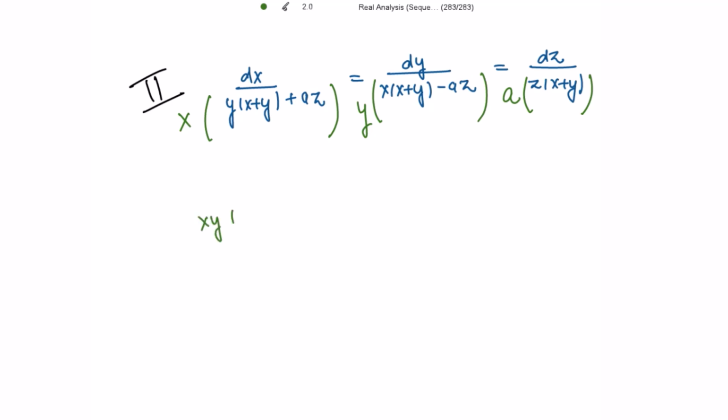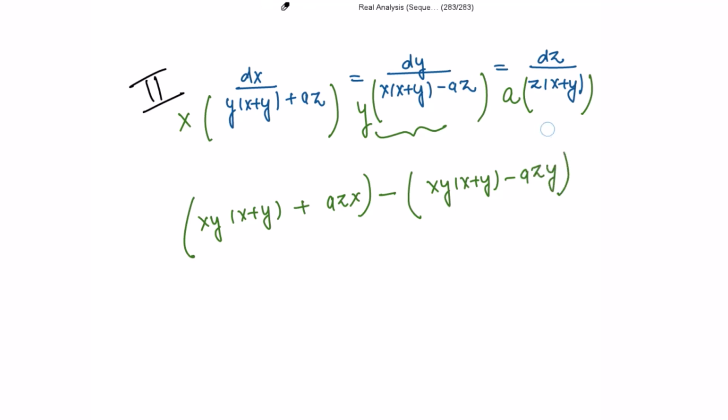We get xy into x plus y plus azx, then subtracting this one, xy into x plus y minus azy, then again subtracting this one, az into x plus y, which is azx plus azy.